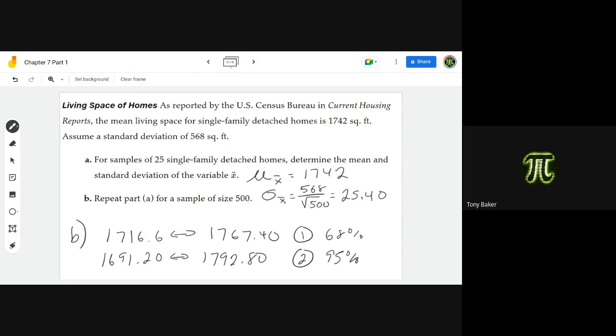Or if we did two standard deviations, 20. How many single family houses do you think are in the United States? 82 million.